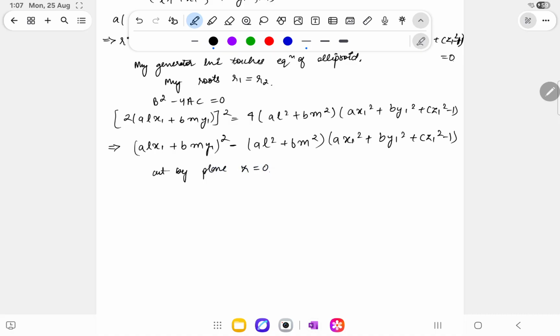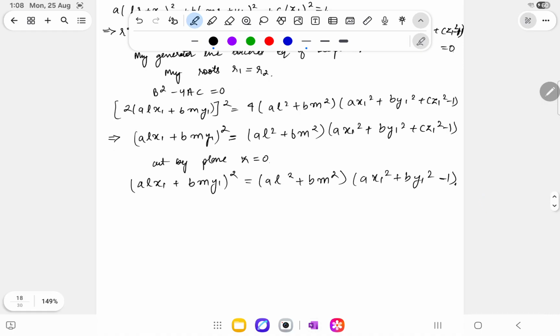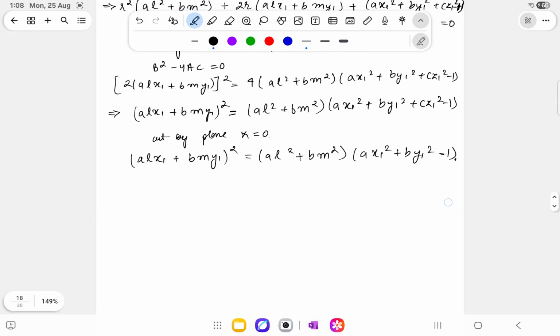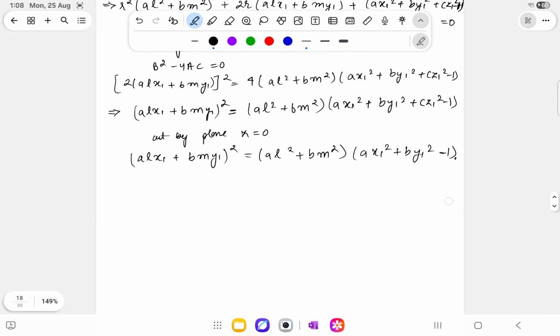So if I put z1 equals 0 here, I'll get (alx1 plus bmy1) square equals (al square plus bm square)(ax1 square plus by1 square minus 1). I've substituted z1 equals 0, so then I got this relation. I am supposed to show that this is a parabola.